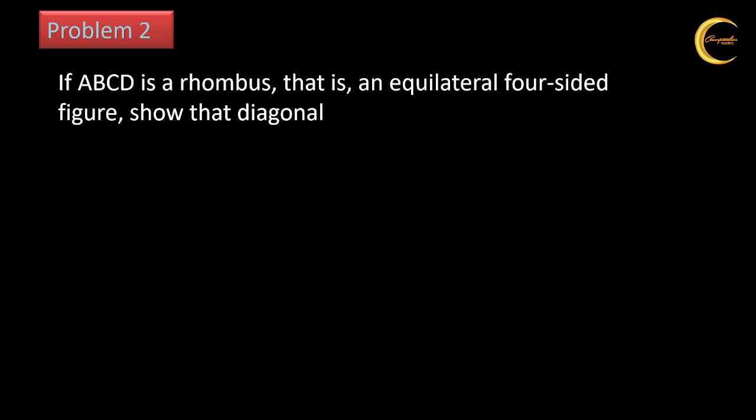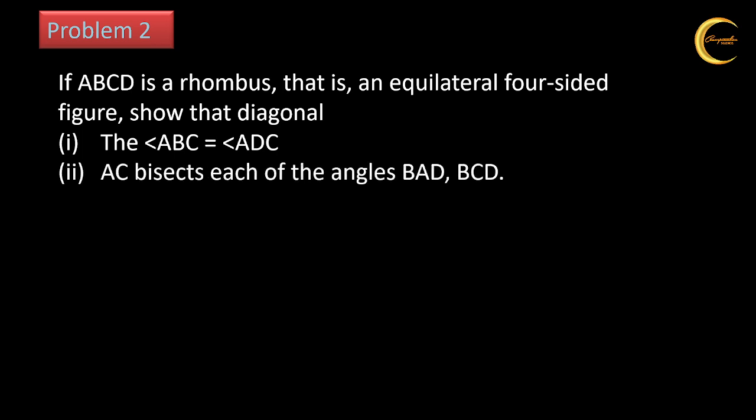This second problem says: if ABCD is a rhombus, that is an equilateral four-sided figure, then angle ABC equals angle ADC, and AC bisects each of the angles BAD and BCD.